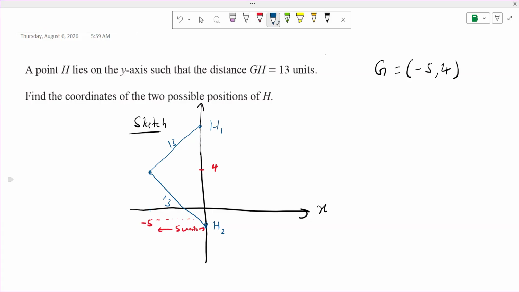Now, what do we do? If we look closely, we can see that this length is 5 units, so I mark this as 5 here.